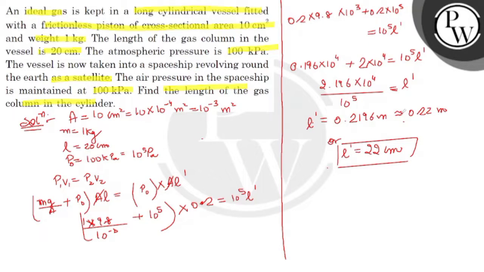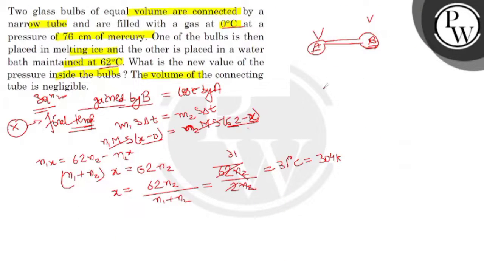So the new value of pressure is, for a single bulb, because the connecting volume is negligible, so we can consider a single bulb. P1 V1 divided by T1 is equal to P2 V2 divided by T2.